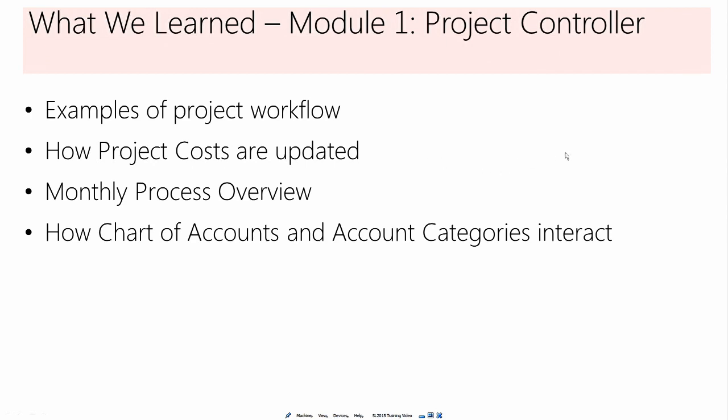We've also reviewed the monthly processes that you would follow, such as FTT, allocator, billing, indirect rate calculator, and then closing. And we also made a key connection between the chart of accounts and the account categories. This concludes Module 1. In the next module, we will cover project budgeting and analyzer.